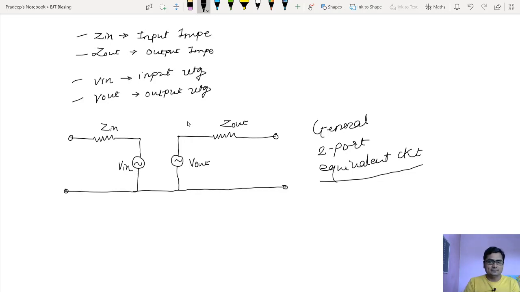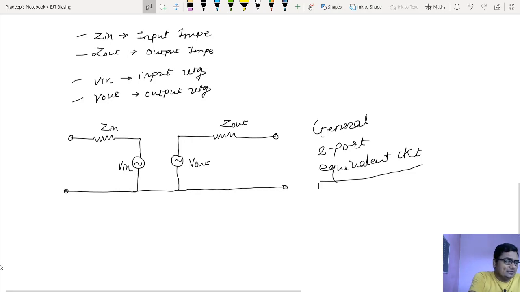You take a BJT amplifier, yes, I can model it in this fashion. You take BJT oscillators, BJT multivibrators, any circuit using BJT, I can model it with this scenario, 4 parameters, and it is called the general 2-port equivalent circuit.